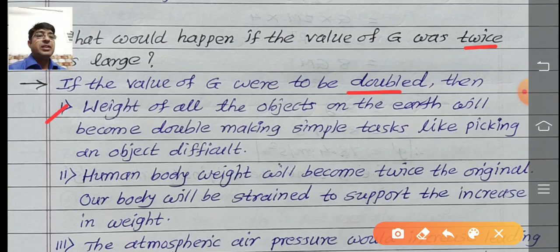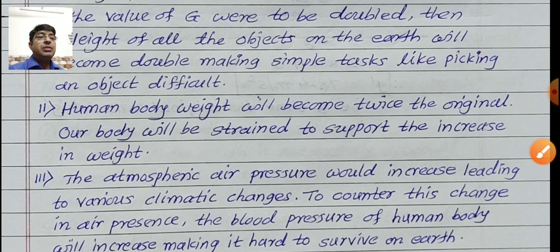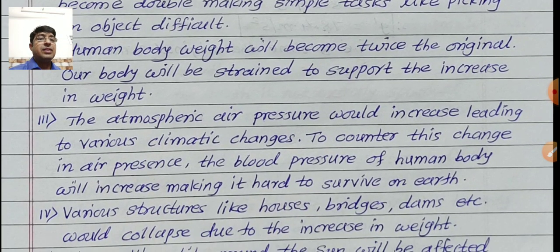First point, the weight of all the objects on the Earth will become double, making simple tasks like picking up an object difficult. Human body weight will become twice the original.